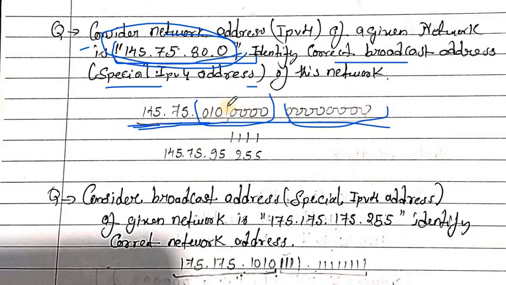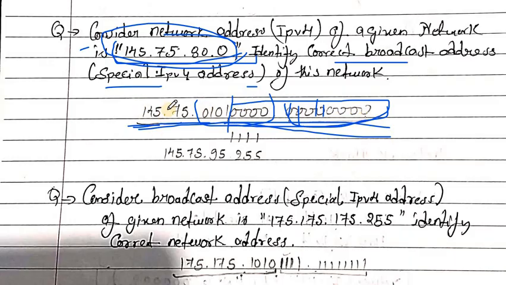Here we see that from this point all bits are zeros, which means it must be the host ID part. In the host ID part, if all bits are 0, it is a special IP address, and if we set these bits to 1, then it becomes the special broadcast address.